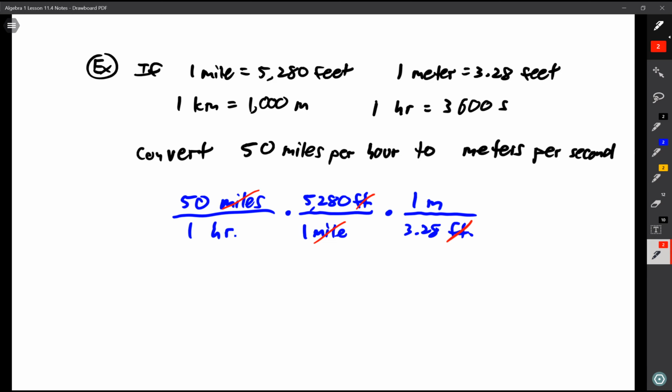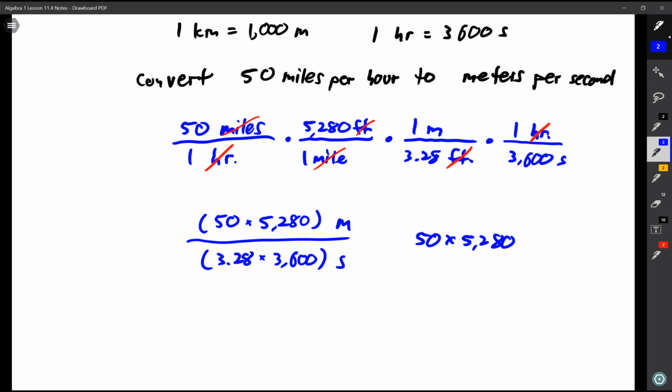The way I personally do this in my calculator is I do 50 times 5,280. Any number that's on top, you multiply. Any number that's on bottom, you divide. So I do 50 times 5,280 divided by 3.28 divided by 3,600.